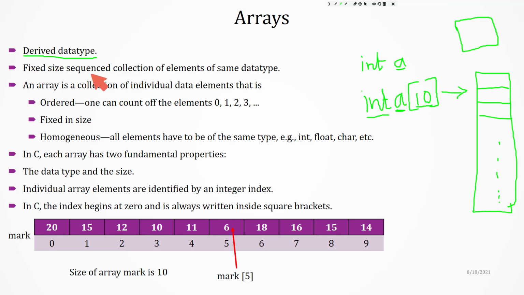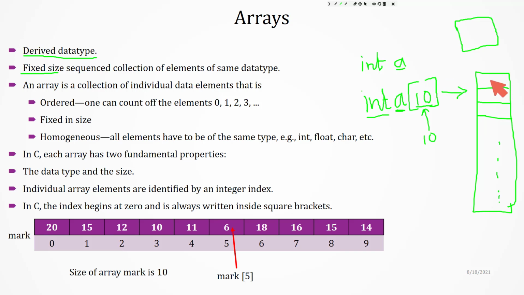So, a fixed size sequenced collection of elements of the same data type. Here the size means 10; we can store 10 integers. That's the meaning of fixed size. Sequenced means it is stored in nearby memory locations; in nearby locations only we are going to store every cell.